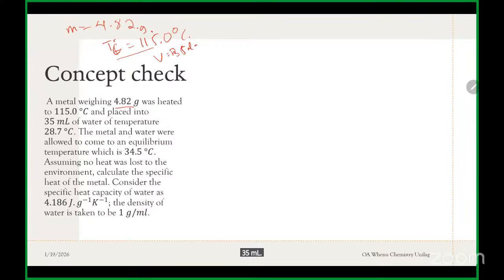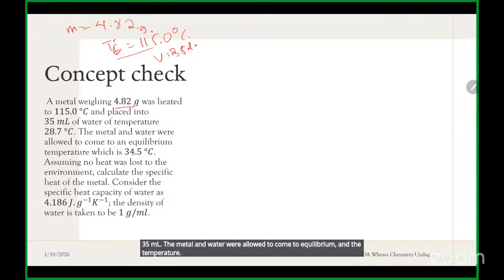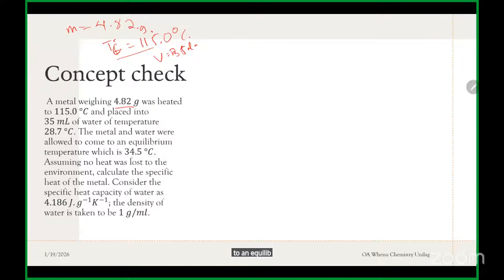The metal and water were allowed to come to an equilibrium temperature, which is 34.5. So that's the final temperature, 34.5. Calculate the specific heat capacity of the metal, considering that the specific heat capacity of water is this and the mass of water is that.